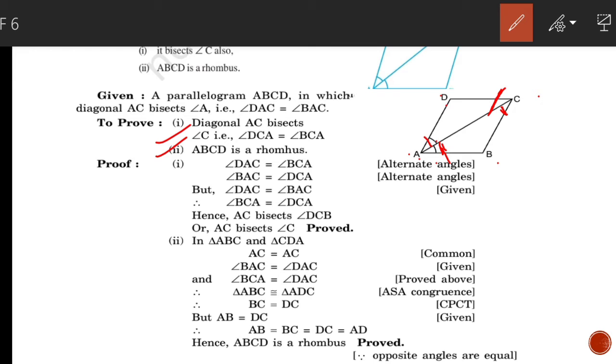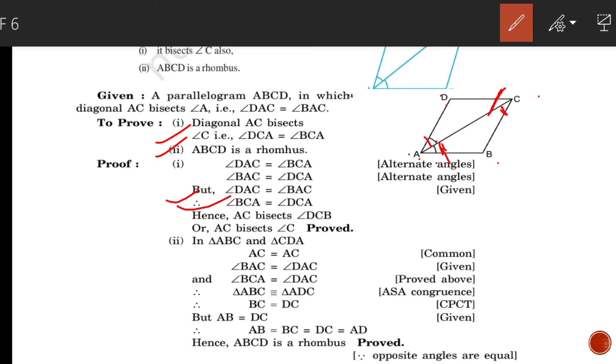When AB and CD are the parallel lines and AC is the transversal, and it is given that DAC is equal to BAC, we can say BCA and DCA are also equal.